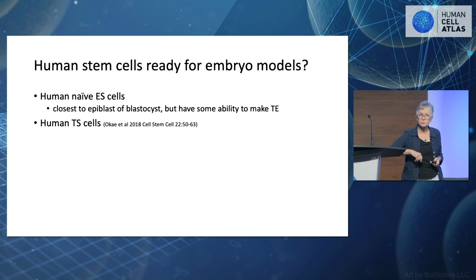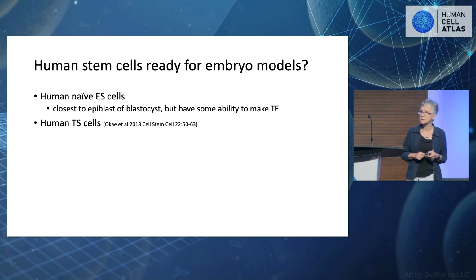Human TS cells, we tried very hard to generate human TS cells from human blastocysts, and were not able to do so under the same conditions that arise in the mouse, reflecting again that the signaling pathway that the mouse used is not used in the human blastocyst at the same stage.